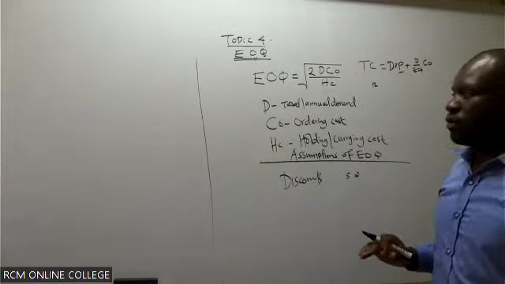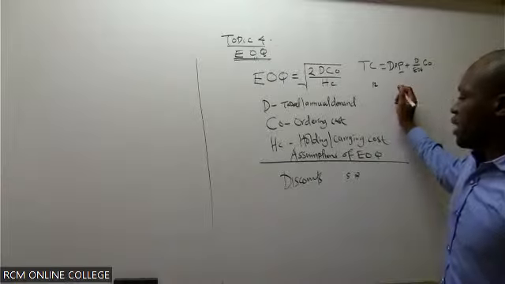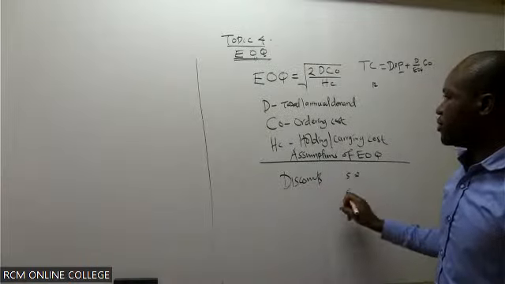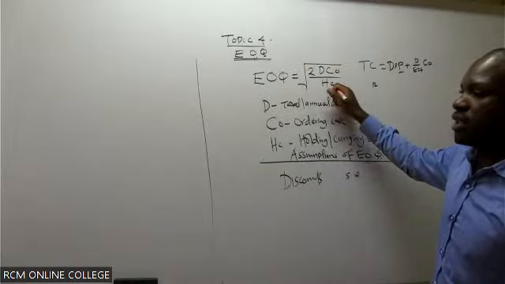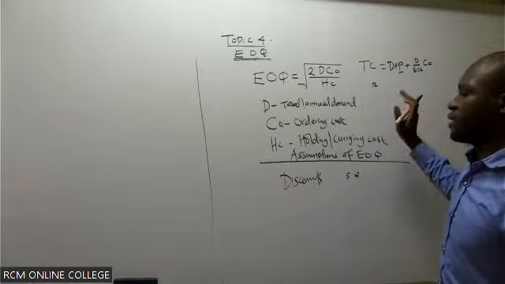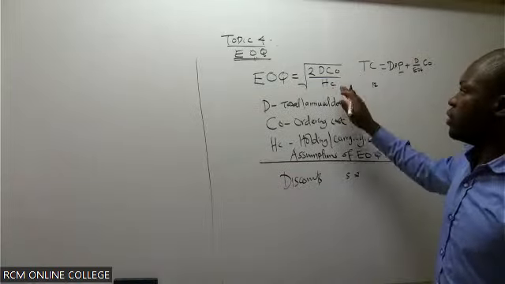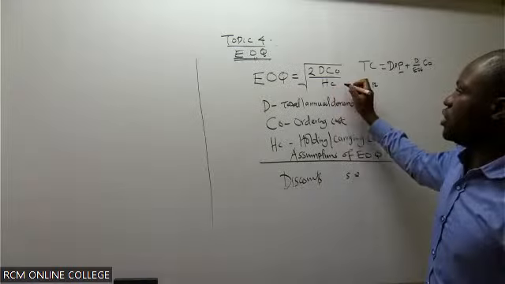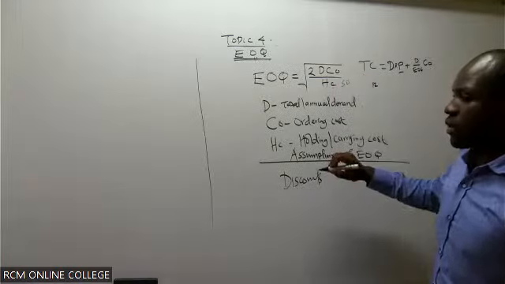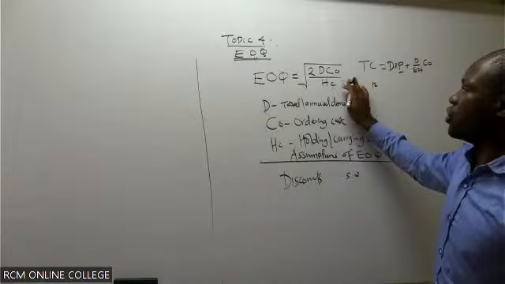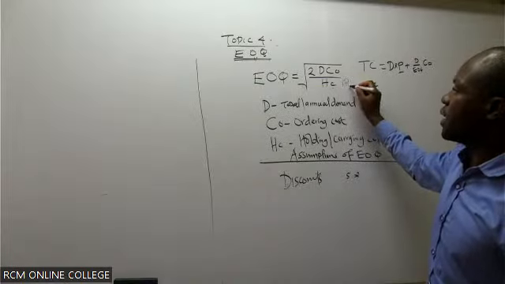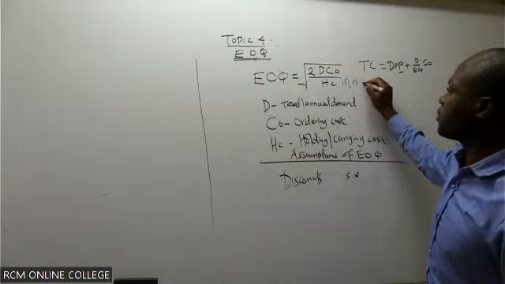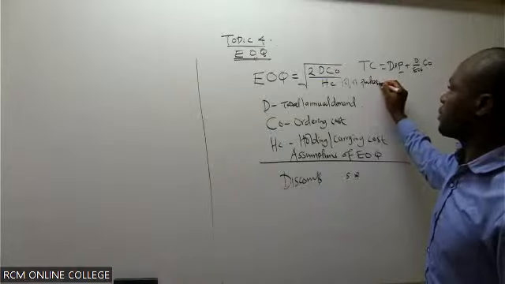But they simply give you a discount range and tell you that the holding cost is attached to the purchase price. What do I mean? They will not come and tell you that holding cost is 50 shillings. No, they tell you that holding cost is 10% of purchase price.